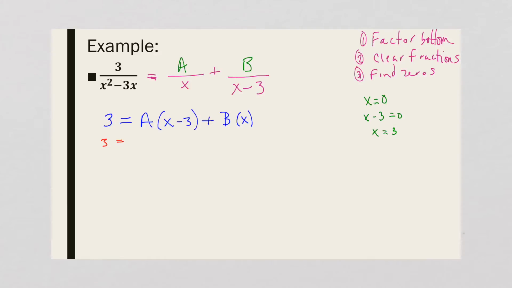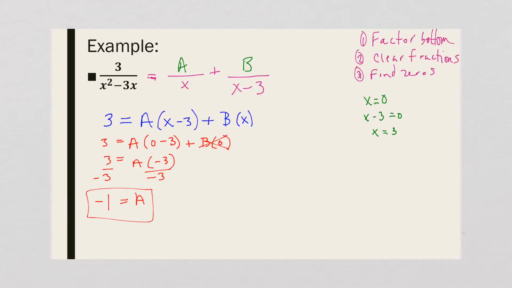So 3 equals A times 0 minus 3 plus B times 0. And what happens here is it clears one of our variables, because B times 0 is 0. So I end up with 3 equals A times negative 3. Divide both sides, and I get A equals negative 1.